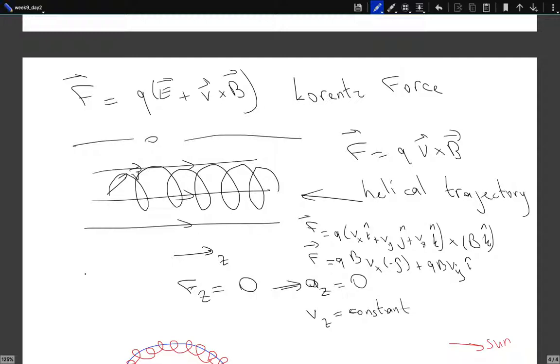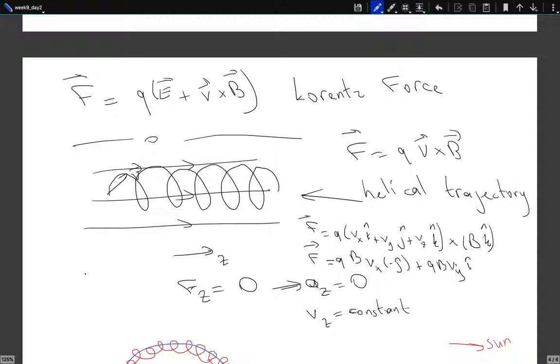The motion in the xy plane and motion in the z-axis direction. Motion in the xy plane is independent of whether you have a motion in the z or not. But we have already seen that in the xy plane, if there is no z component of velocity, it's just doing a circle in the xy plane. But then there is the z component of the velocity, but there is no force in the z direction.